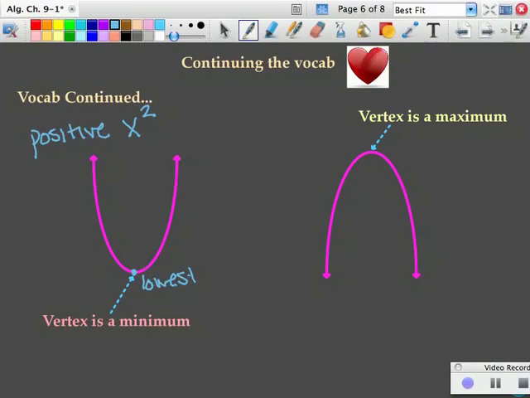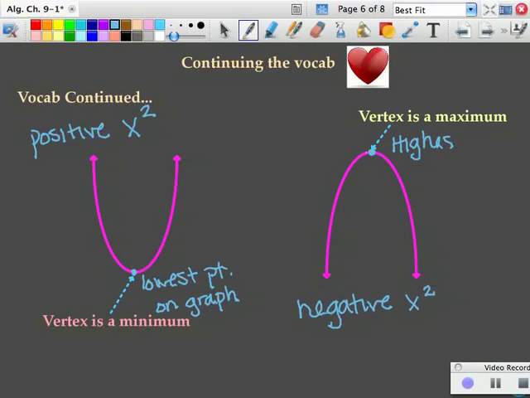Now with the maximum, this is a negative x squared graph. Okay, so that's negative x squared, which means that vertex right here is actually technically a maximum point because it opens downward. This is the highest point on the graph.